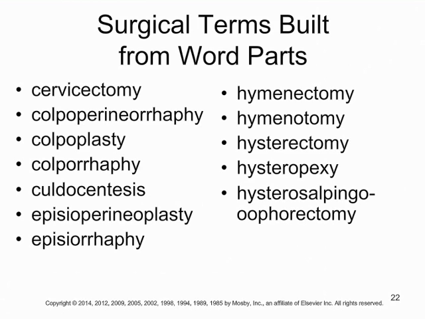The suffix centesis, if we remember, means surgical puncture to aspirate fluid. So there's some kind of fluid buildup in a fallopian tube or the rectouterine pouch area, and whether it's pus or water or whatever, they have to go in and aspirate that fluid.